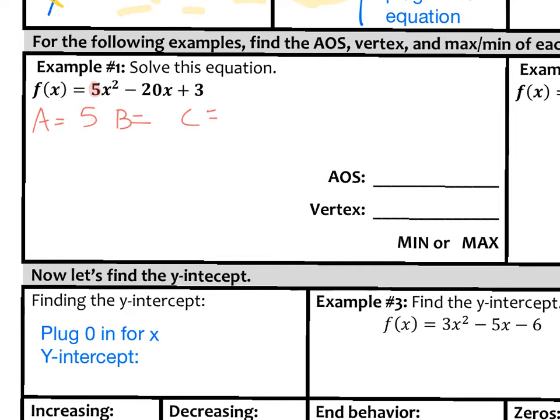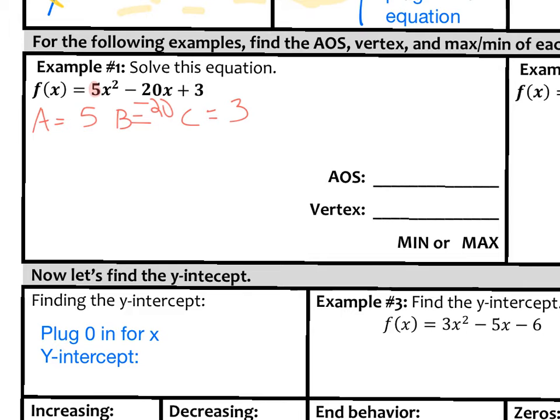For b, we have to remember to use the sign too, so it'll be negative 20, and c is 3. I just looked at our formula, because I had x squared, x, and a number, so we know it's standard form.